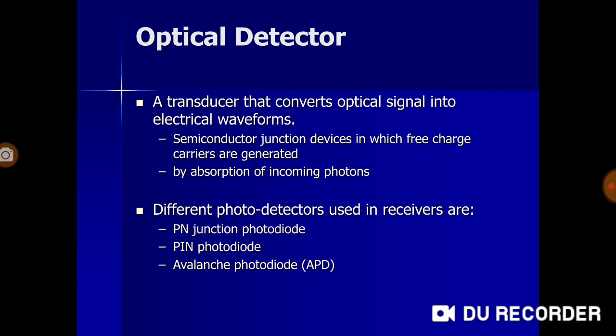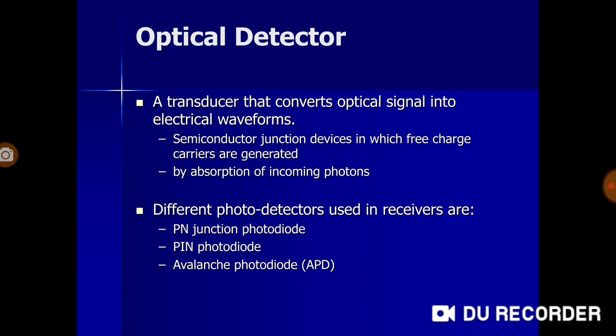The optical energy that falls, in addition to the thermal generation, creates an excess current. So the incoming photons are absorbed and correspondingly the junction creates current. That is where the transducer converts an optical signal into an electrical one.